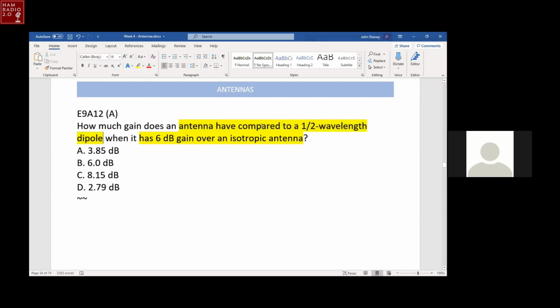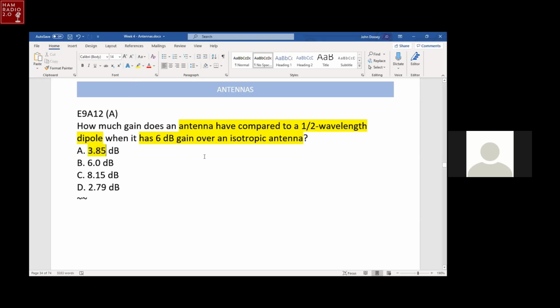An antenna has, it wants to know how much gain does an antenna have compared to a dipole when it's 6 dB over an isotropic. And it's answer A, 3.85.